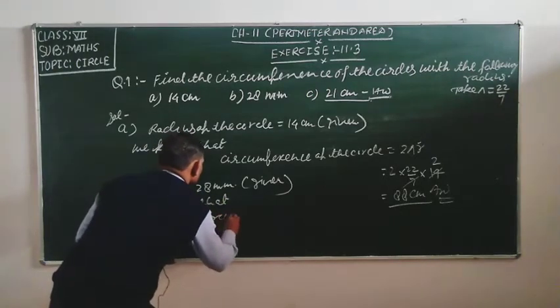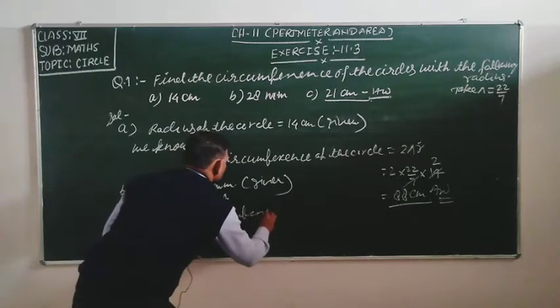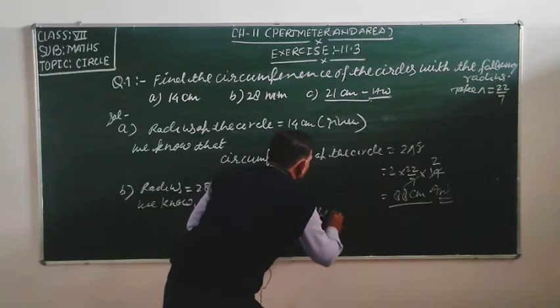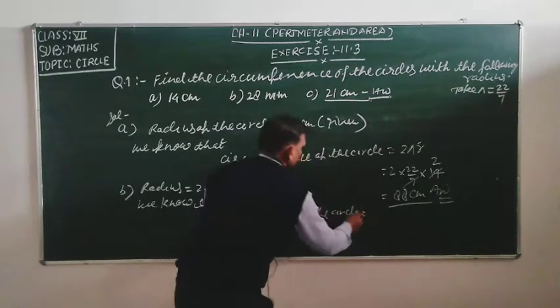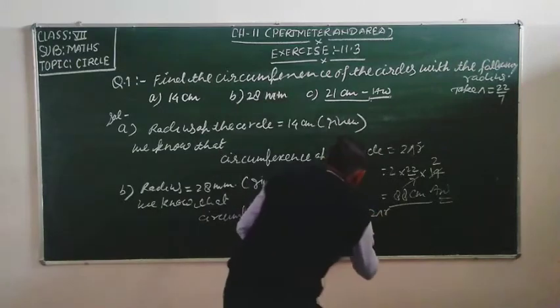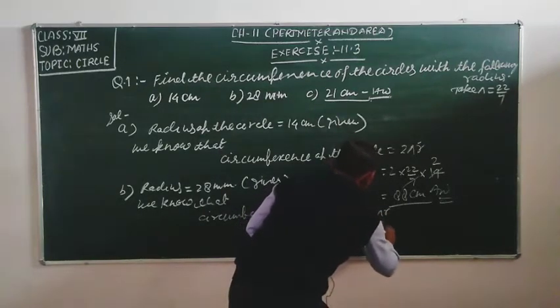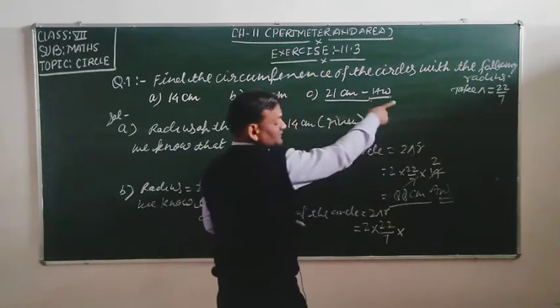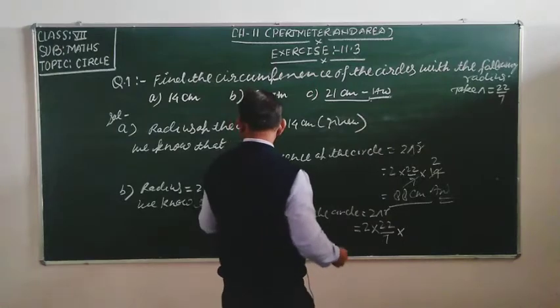Circumference of the circle is equal to, formula is student, 2 pi r, and put all the values in this formula. 2 into pi, in the place of pi you can write 22 upon 7, it is given in the question, and in the place of r you can write 28.